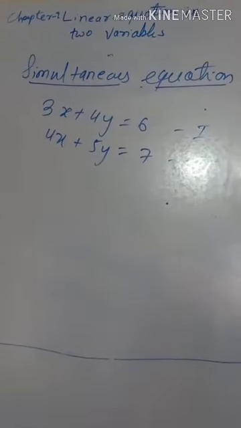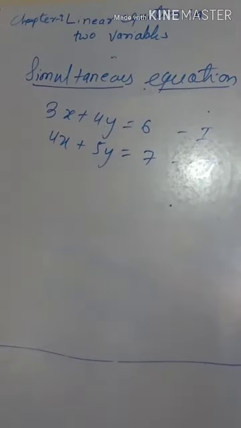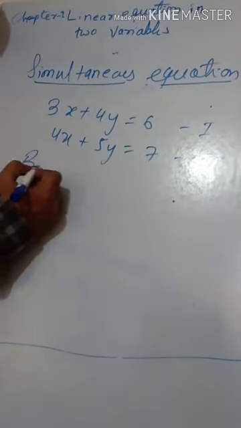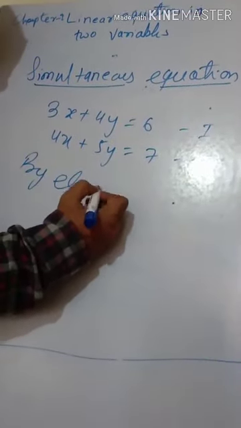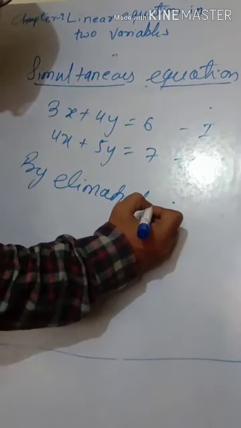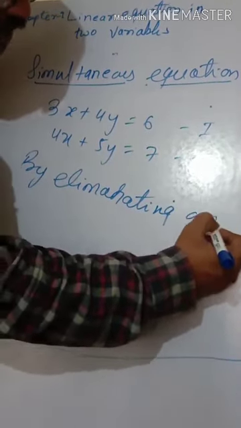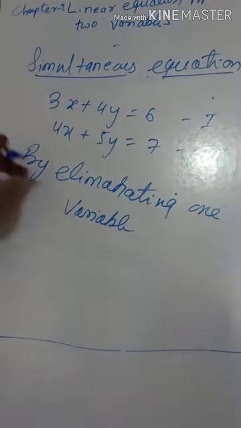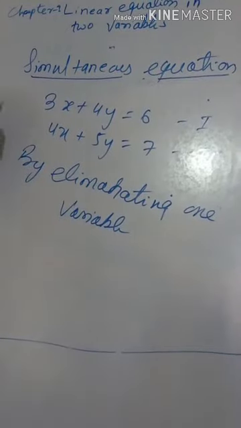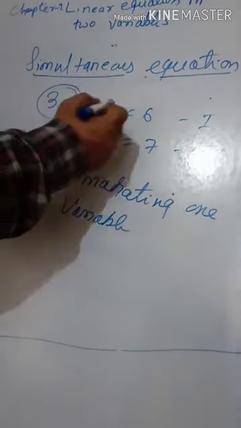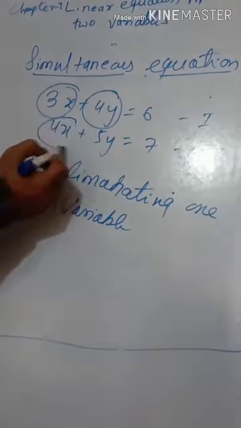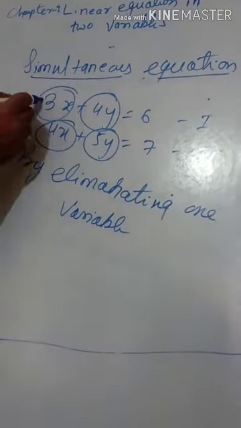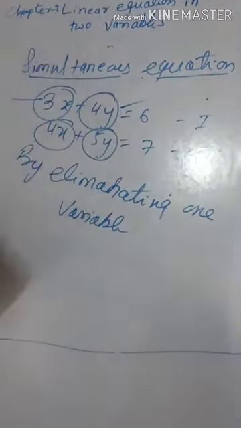Student, last year we learned to solve simultaneous equation by eliminating one variable, which means from 3x or from 4y, from 4x or from 5y, we eliminate one variable, either x or y.